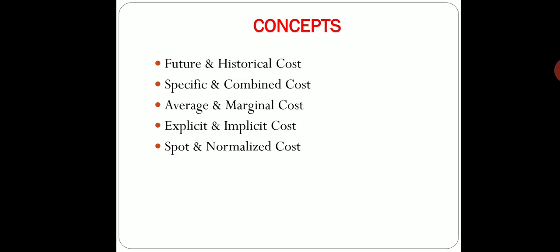Normalized cost is also known as the general cost. In general cost, the overall cost is divided by the total number of units that the company is producing right now.